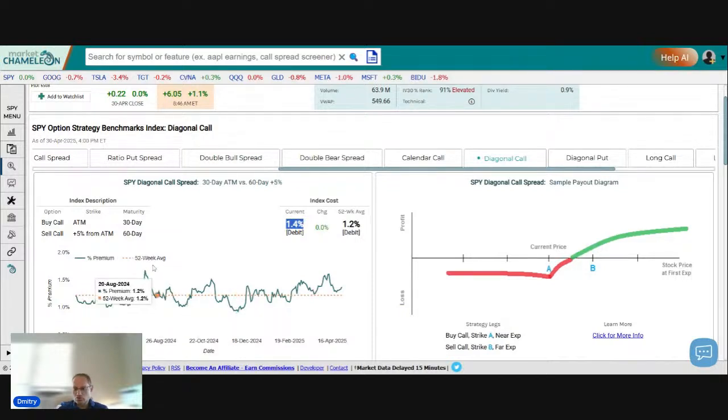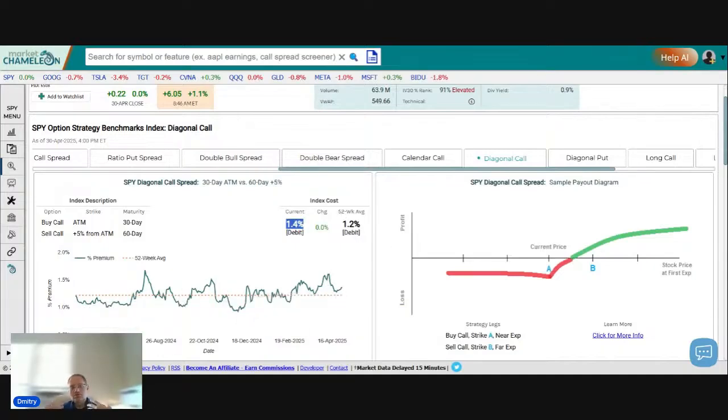So historically, in the last year, it ranged from 0.9% to 1.7. So it's on the higher end of the range and above the average. Okay, that's how this looks right now.